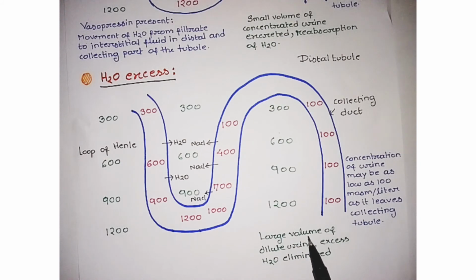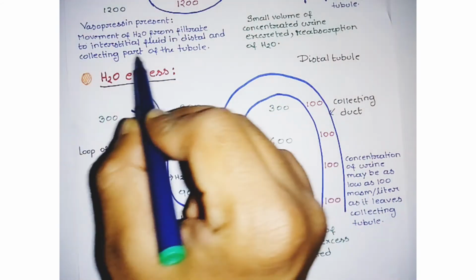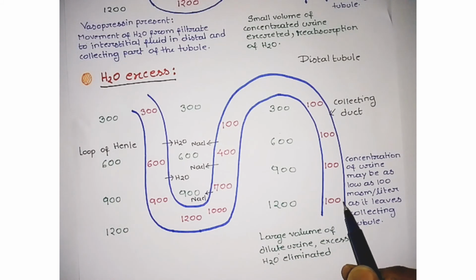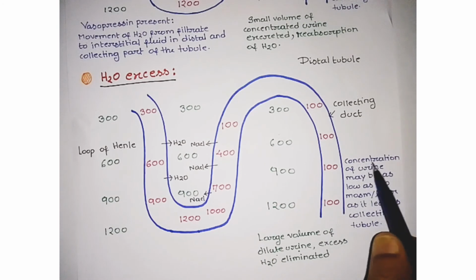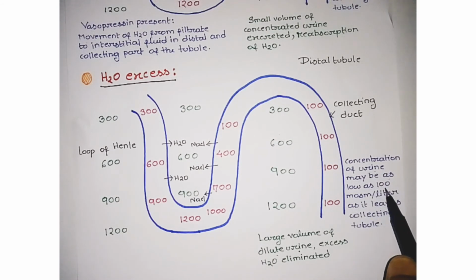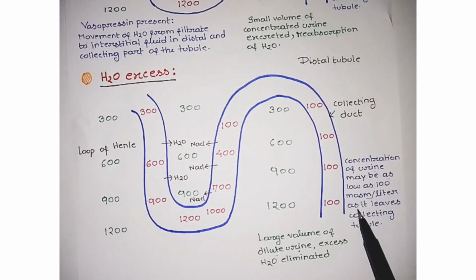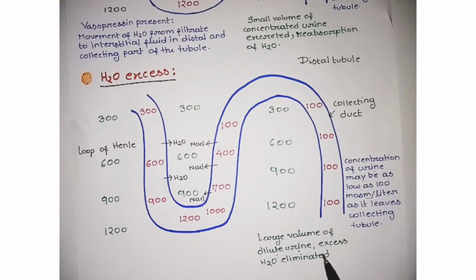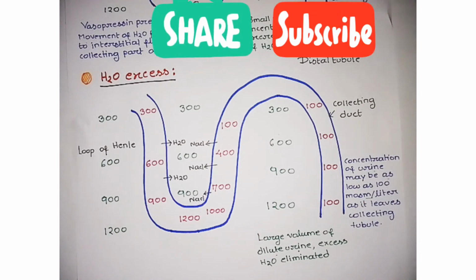So in case of H2O excess condition, a large volume of dilute urine is formed, as you can see, 100. The concentration of urine may be as low as 100 milliosmol per liter as it leaves the collecting duct. So excess H2O is eliminated.